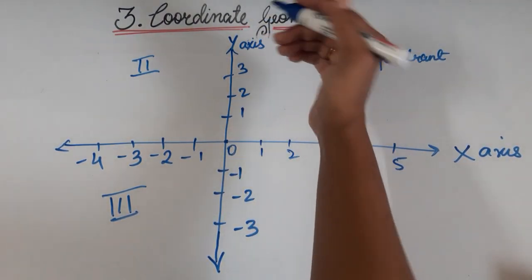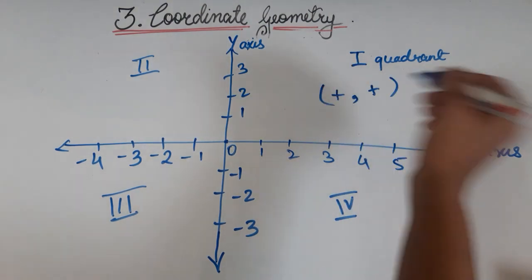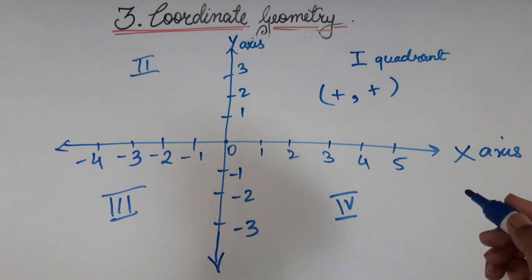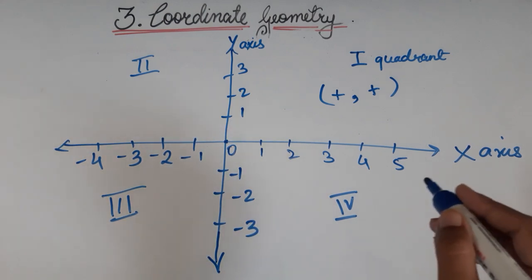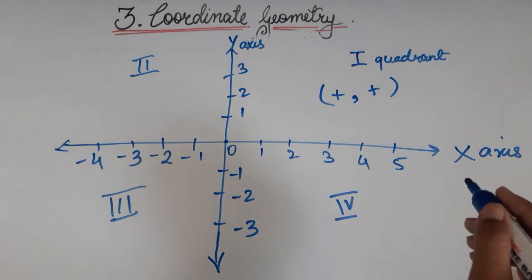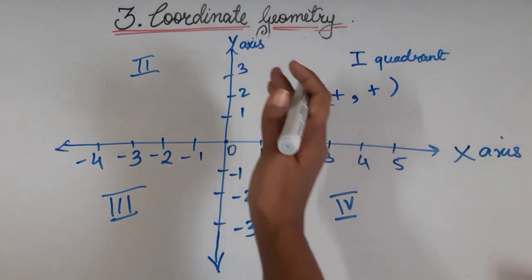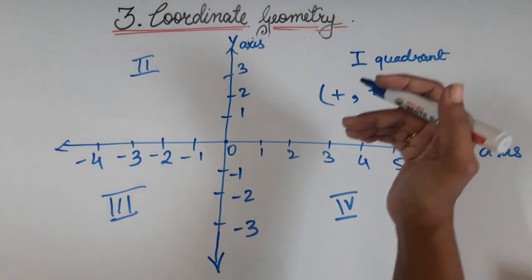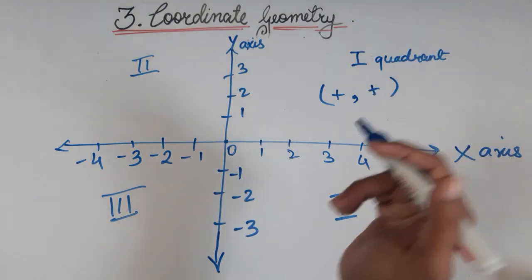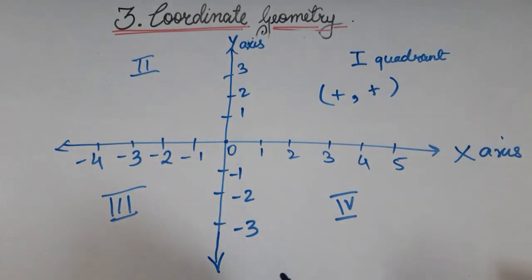And above the origin, the y coordinate will also be positive. So this is the sign convention for the first quadrant: every point has both x and y coordinates positive, because the points are to the right of the origin and above the origin. So both must be positive, right?